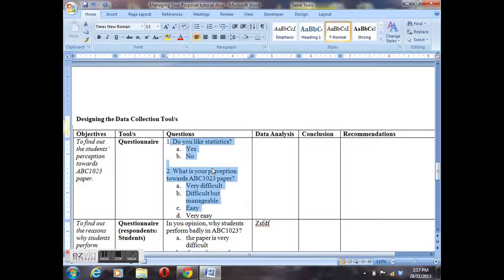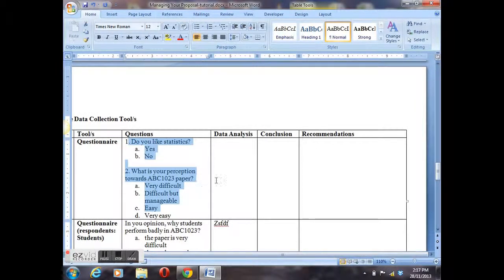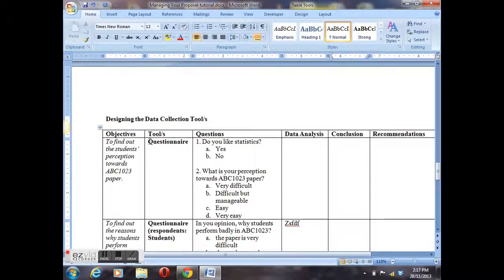Now what we are going to do is analyze the data, and based on the data analysis, we will come up with conclusions and recommendations. This is chapter 1. We skip chapter 2 on literature review, and this is under chapter 3, research methodology. So we have prepared this during the proposal stage.